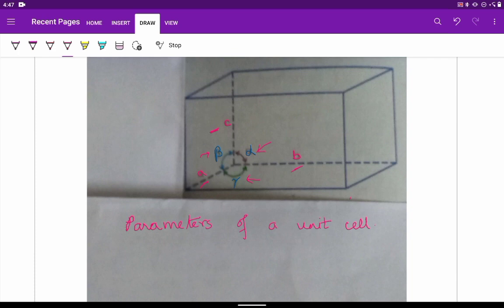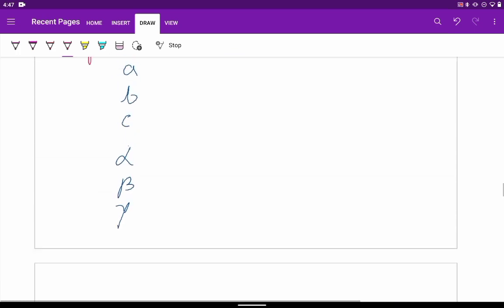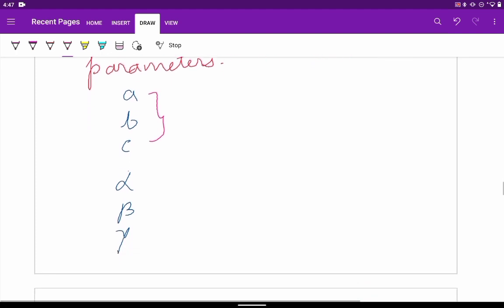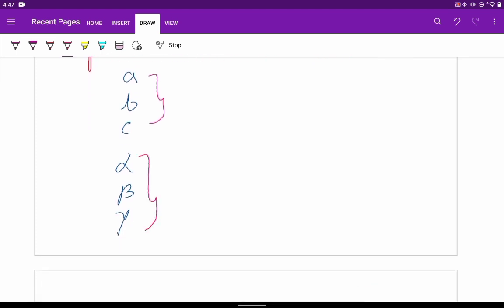It is characterized by 6 parameters in total: A, B, C and the angles between the edges, alpha, beta and gamma.